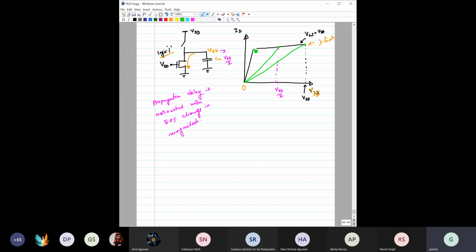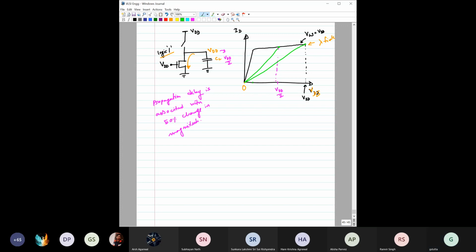So for most of the VDS range, the output transition region, the transistor would be in the saturation region only. So you can take an average between these two points and find the average resistance of this transistor. The same technique you can also use for the PMOS to find its equivalent resistance.